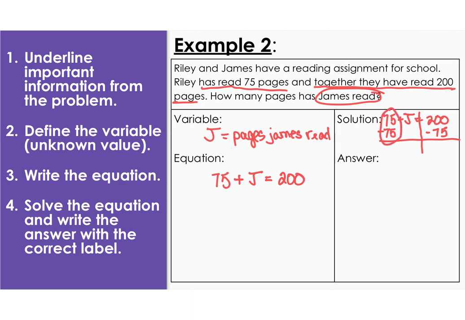That is 0. Bring down the J, equal sign, and then 200 minus 75 is 125. So James has read 125 pages.